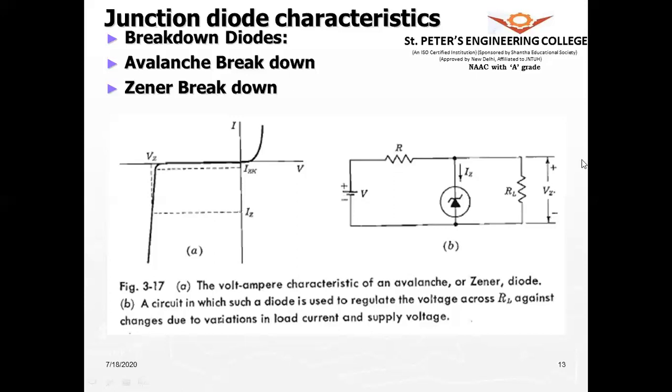So the current varies in the diode as well as in the RL, that is the load resistance, so that a constant voltage is maintained at the output. This is the output here. So this we call a stabilizer. We call it more a regulator. It will regulate, it will control and give you a constant output.